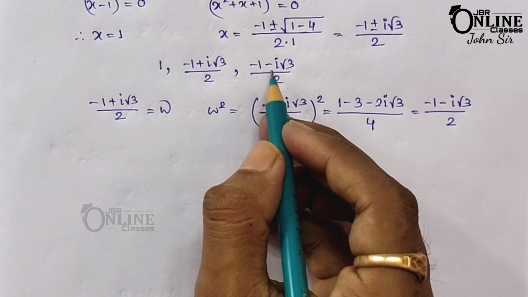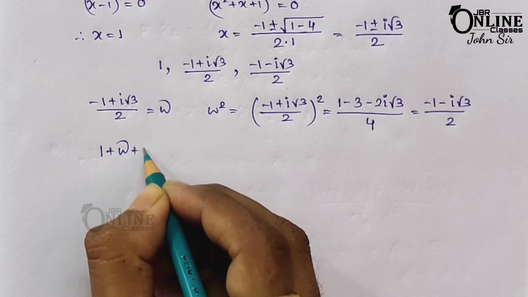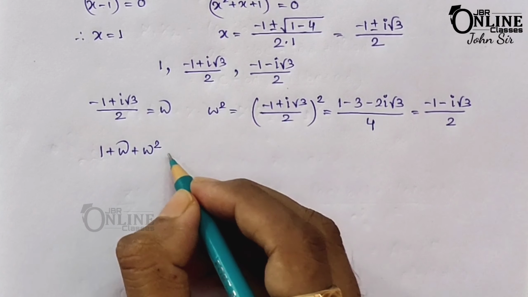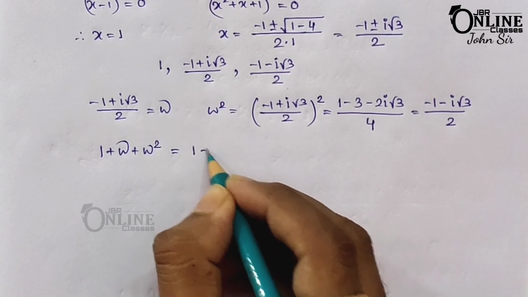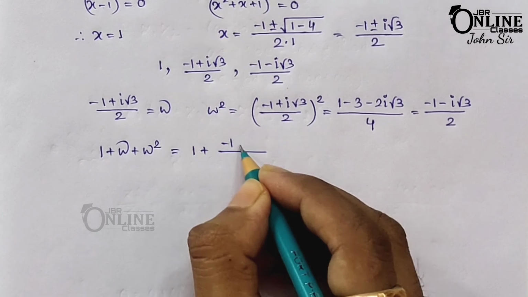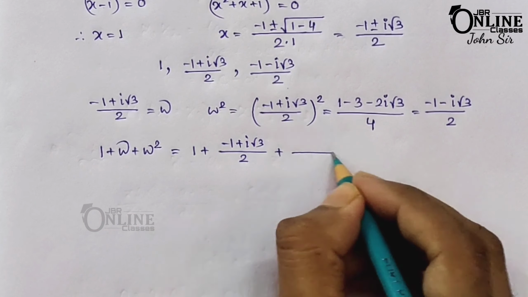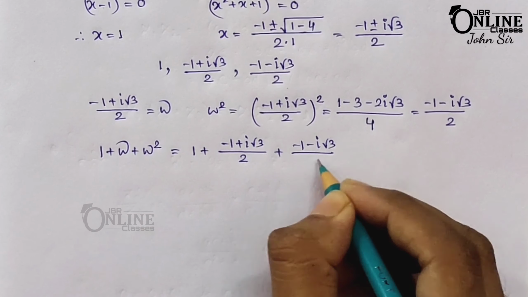So here you can write 1 plus omega plus omega square equals 1 plus omega, which is minus 1 plus i root 3 by 2, and omega square, which is minus 1 minus i root 3 by 2.